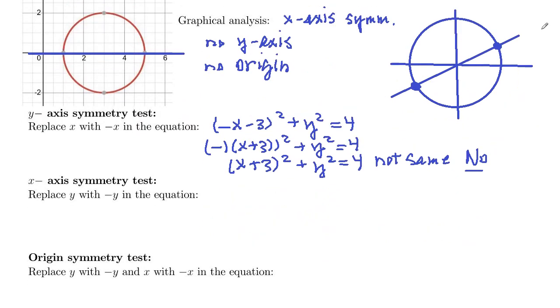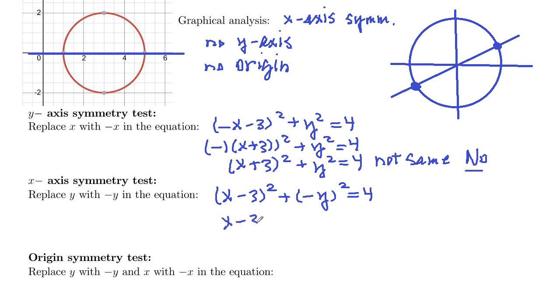For x-axis symmetry, you switch y with negative y in the equation. So we're going to swap out this y with a negative y. So we had x minus 3 squared in the original equation plus, and now we're going to put minus y quantity squared equals 4. And then negative y times negative y is positive y squared.